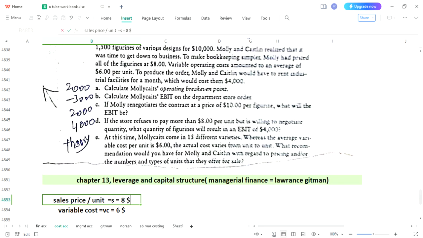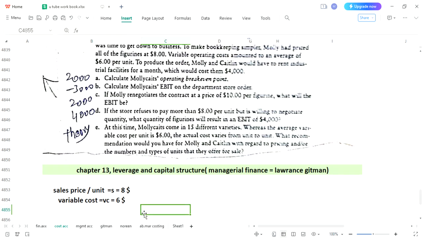Okay, let's proceed to produce the order. Molly has to run industrial facilities for a month, which would cost them $4,000. It means no matter how many units are produced, they have taken a place from the market, and that industrial place is being used, for which they will be paying $4,000. So not only for this order, for the whole month they will use that place for $4,000.